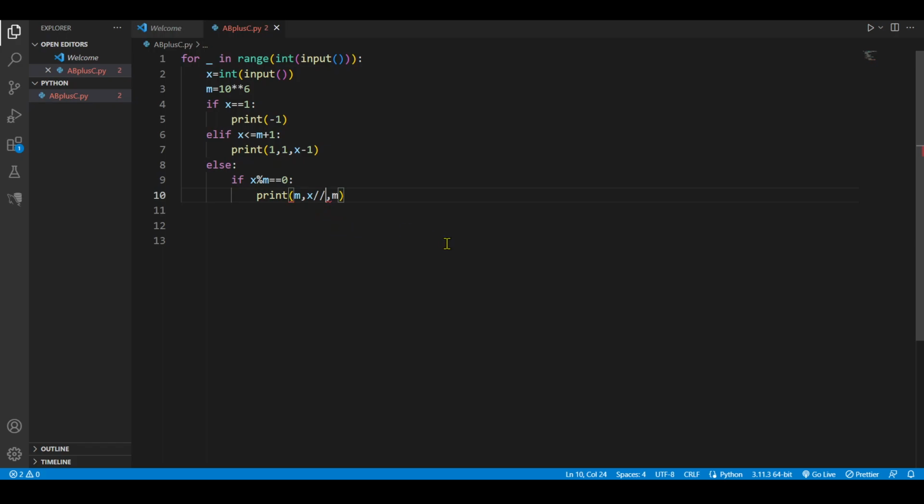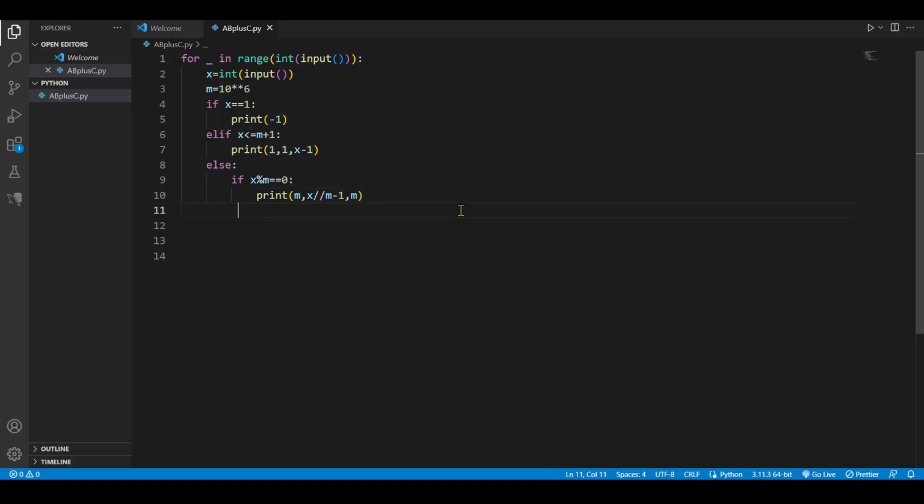So I'm taking here integer division by m minus 1. So my answer will be like this, values of a, b and c. I've taken a as 10 to the power 6, c as 10 to the power 6, and the remaining b will be whatever the quotient is there minus 1, because I have taken 1 10 to the power 6 here. Thus I am doing minus 1 here.